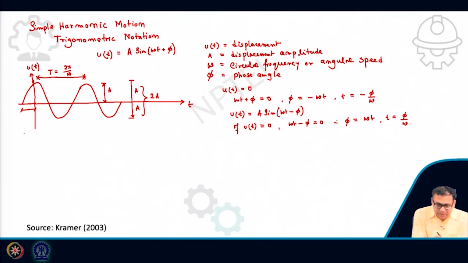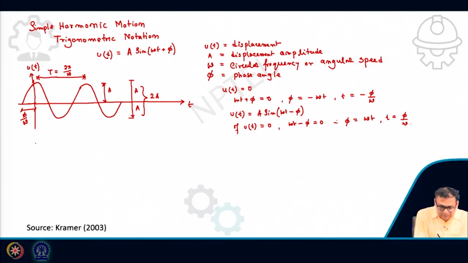This value will be minus, and no need to write the minus because it is already on the negative side. So it will simply be phi by omega. So this is the first case.